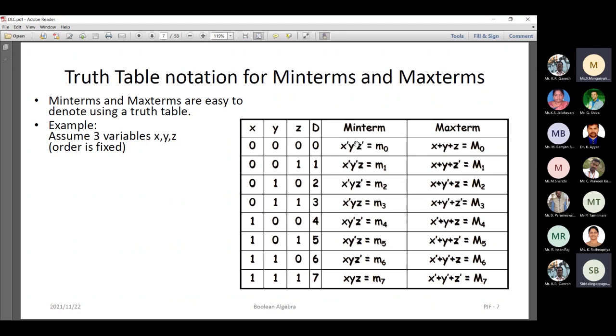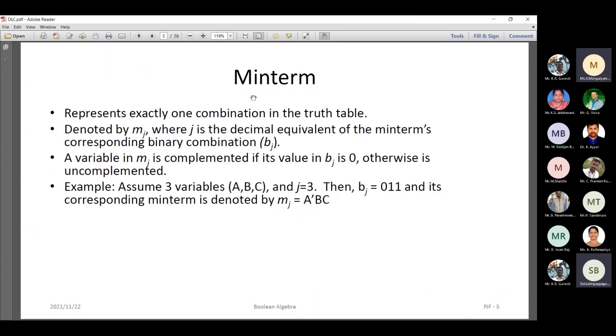Whenever we represent a min term, if you are getting a zero, then it should be represented in complement form. If you are having a 1, then it will be just x. You'll understand better here. In this min term, there is a binary number 0 1 1.